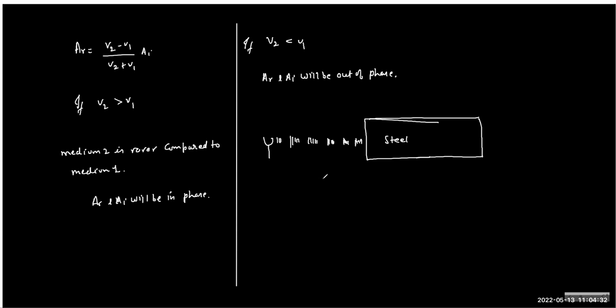The second one is denser. Medium two is denser. So here air is the denser medium. The velocity of sound in air is roughly 340 meters per second.